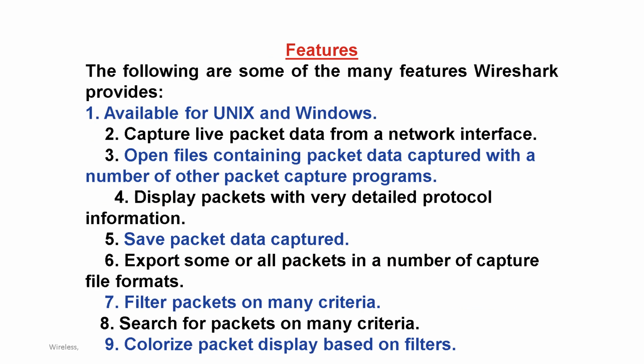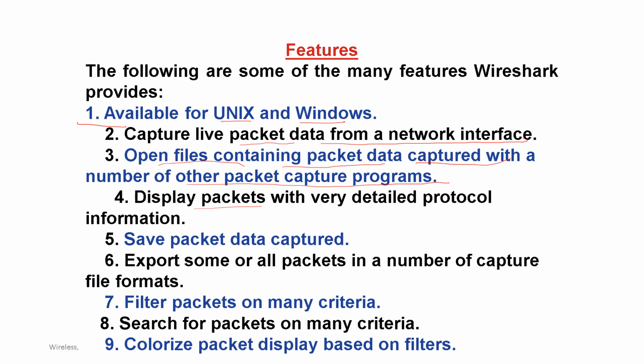And now, what are the features of Wireshark? First feature is it is available for Unix as well as Windows. It can capture live packet data from the network interface card, and it can open files containing packet data captured with a number of other packet capture programs.